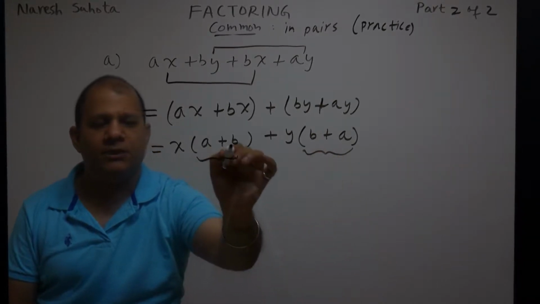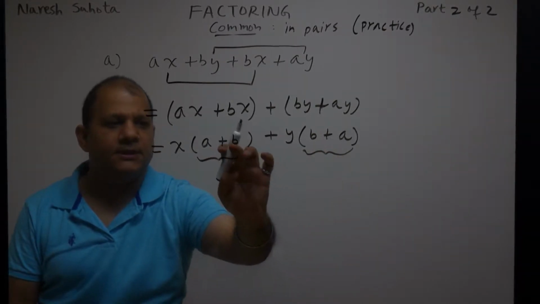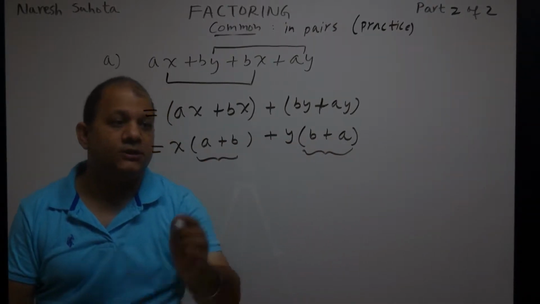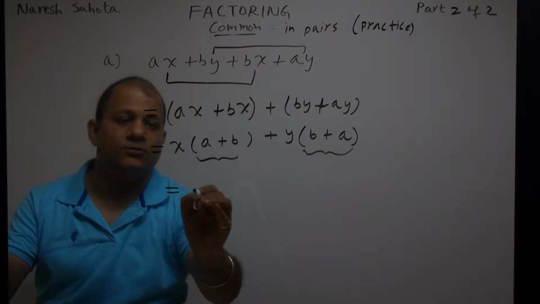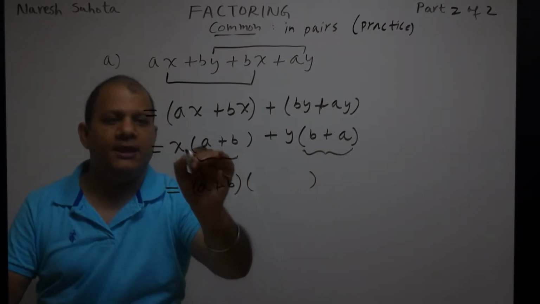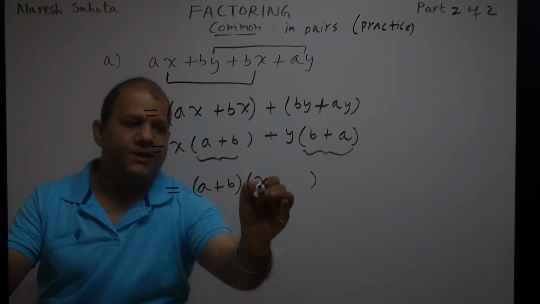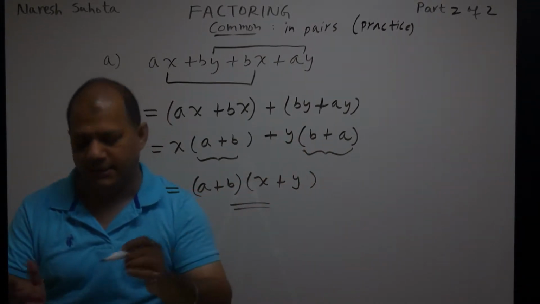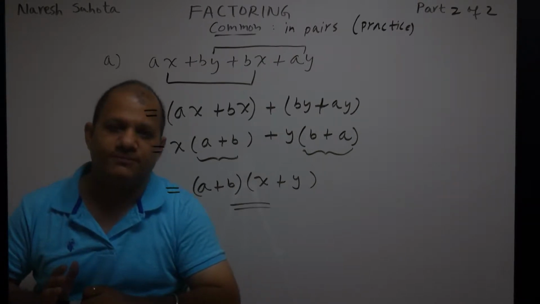Yes, we did. A plus b is the same as b plus a. So these two are identical brackets. That's the common bracket, and we can pull that out. A plus b is a common factor, and here we're left with x, and from here we're left with plus y. And that's the answer to this question.